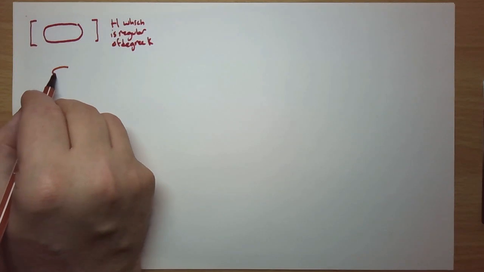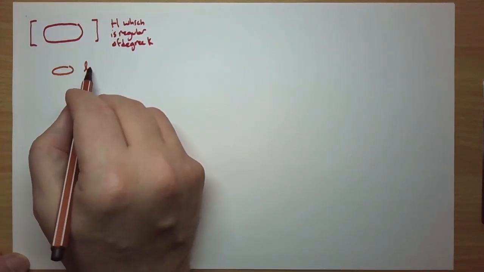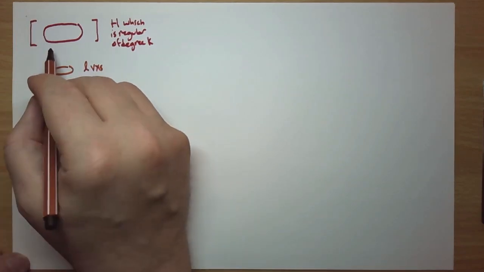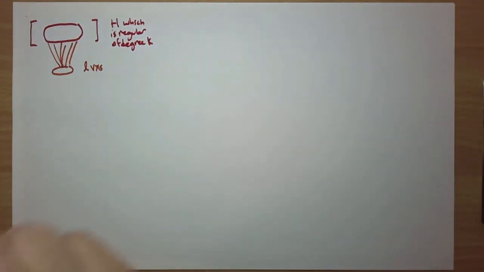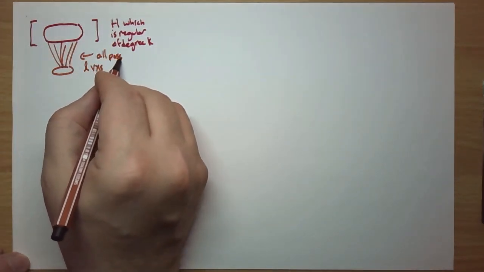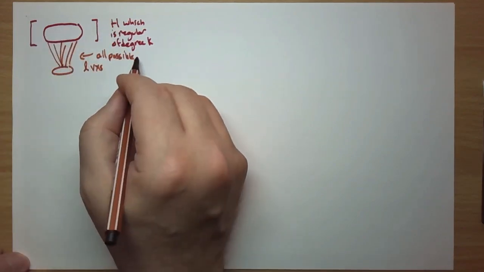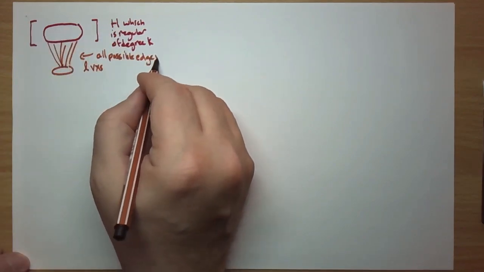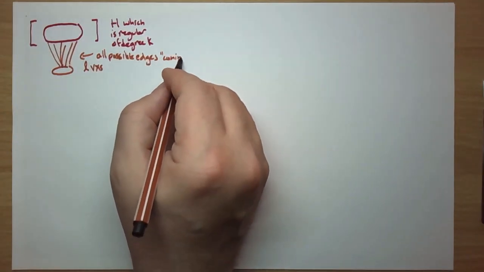And now what we'll do is we'll have this graph. And we're going to connect it. We have these L vertices so that we're going to put in all possible edges that run between our graph H upstairs into these subsets of L vertices. Sometimes you might see this referred to as coning.